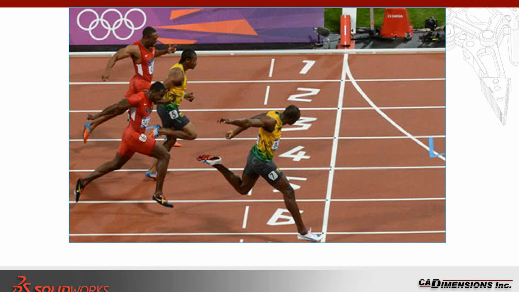Now the reason why I'm talking about this picture is because these two guys trained together. They probably had the very same nutrition and diets and exercise and workouts. However, what was the small difference that gave Usain Bolt that 2% win over this guy, the second place guy, which many of us don't know his name because he was not the winner.